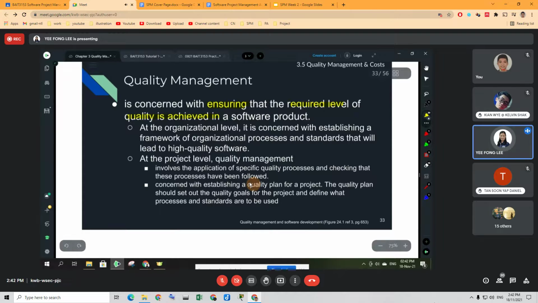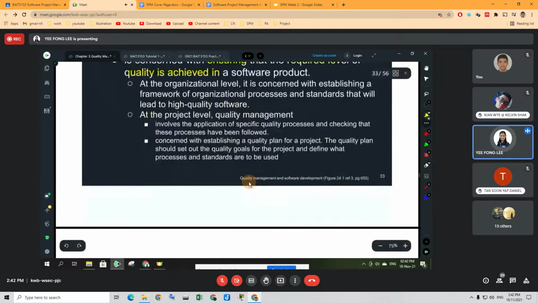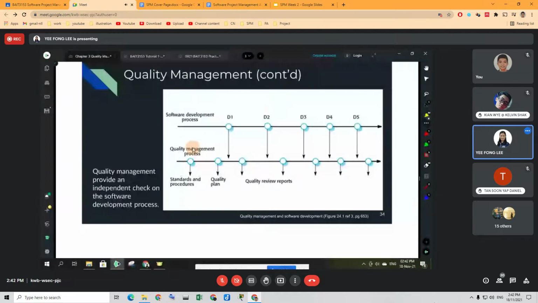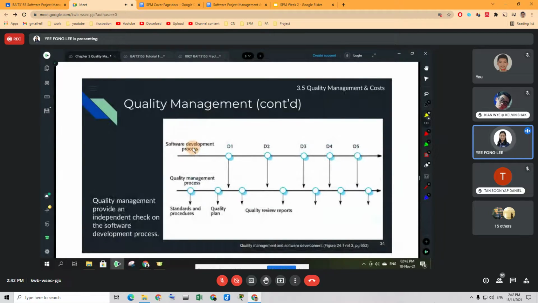Again, I will not read line by line, word by word. I'll summarize it for you. Next one, we look at this figure. Quality management provides an independent check on the software development process. So the quality management team will check the project deliverables to ensure that they are consistent with the organization's standards and goals.